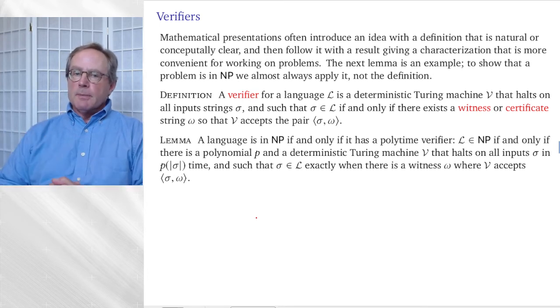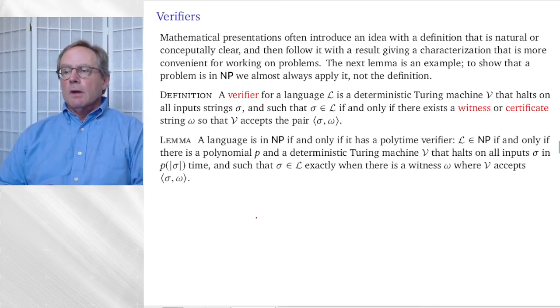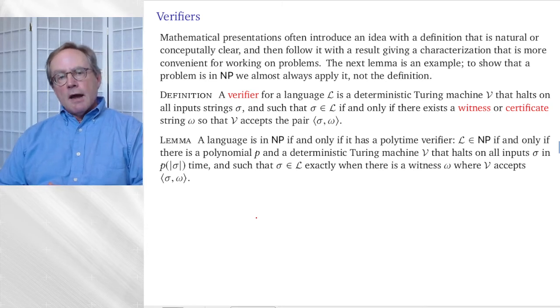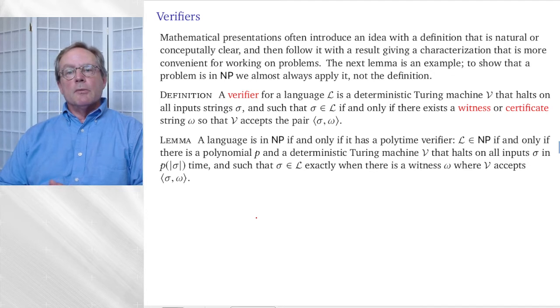This is a perfect example of exactly that. So the next lemma is a perfect example. To show that a problem is in NP, it's almost always the thing we use. We almost never use the definition of non-deterministic Turing machine. Instead, we almost always use this verifier definition.